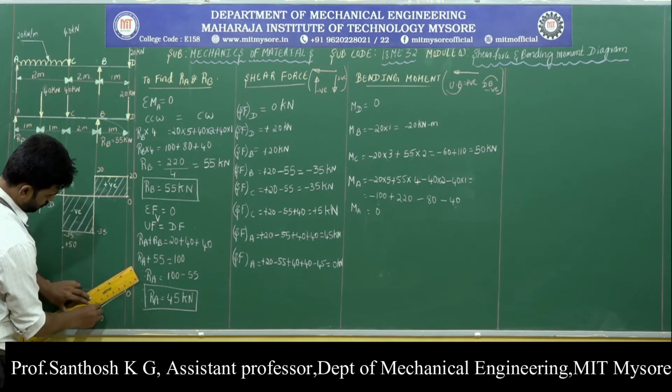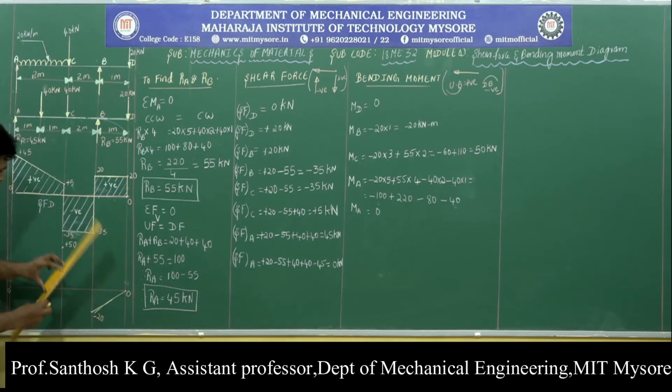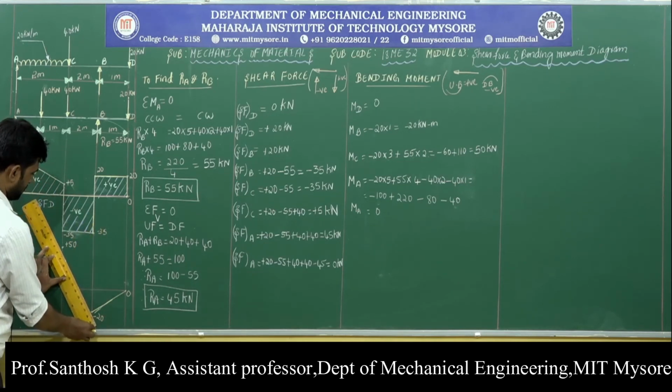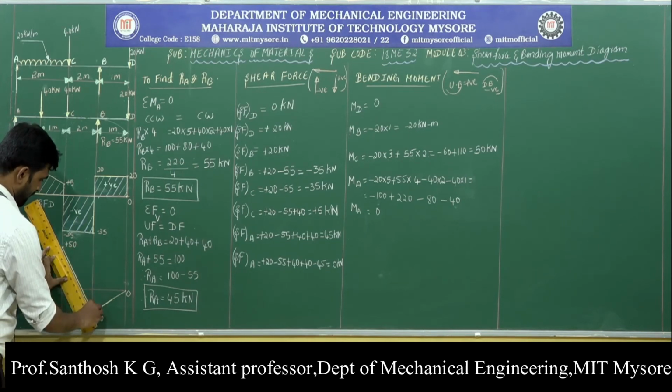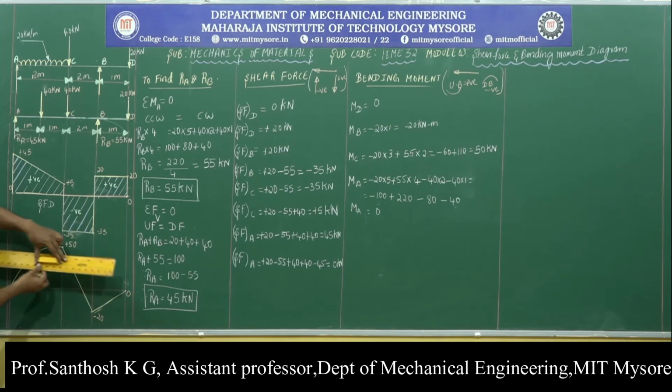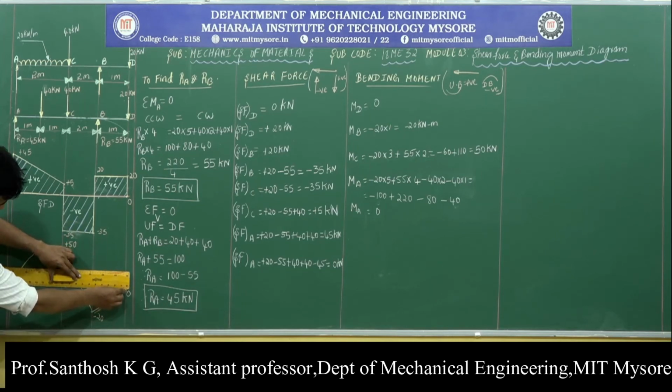Join 0 to minus 20, then minus 20 to plus 50. Then here, since we are having UDL load, the variation in this portion for the bending moment is a parabola.